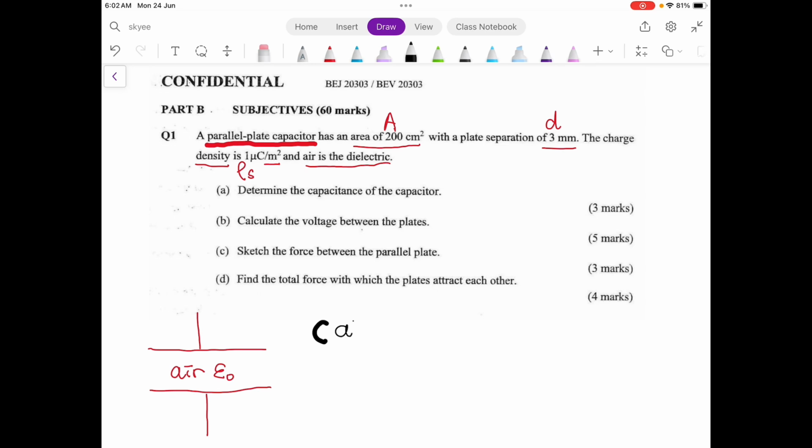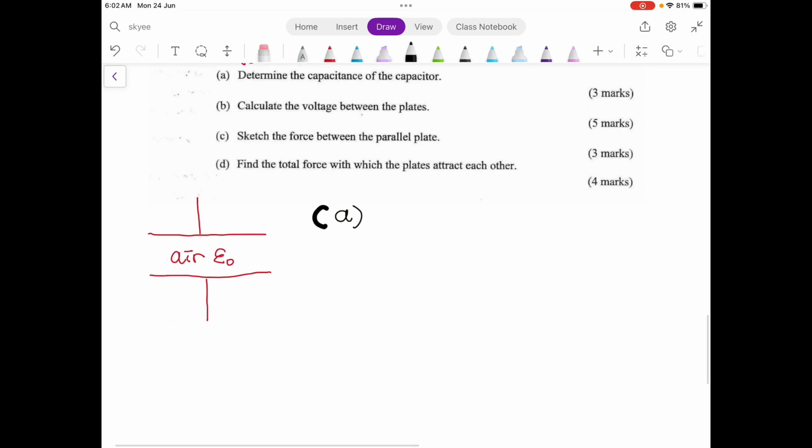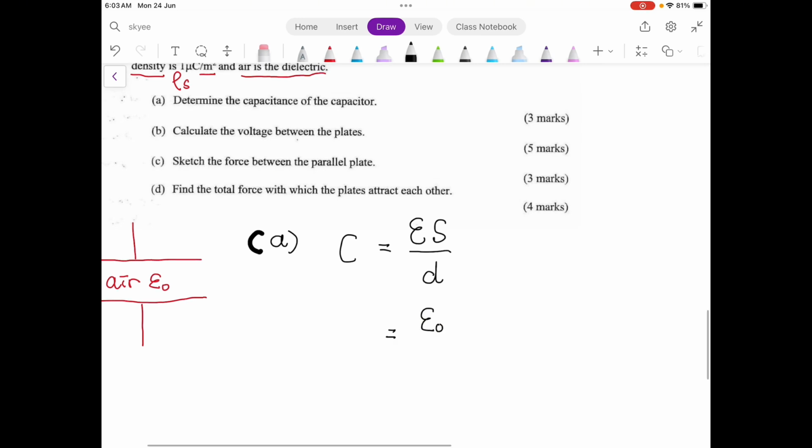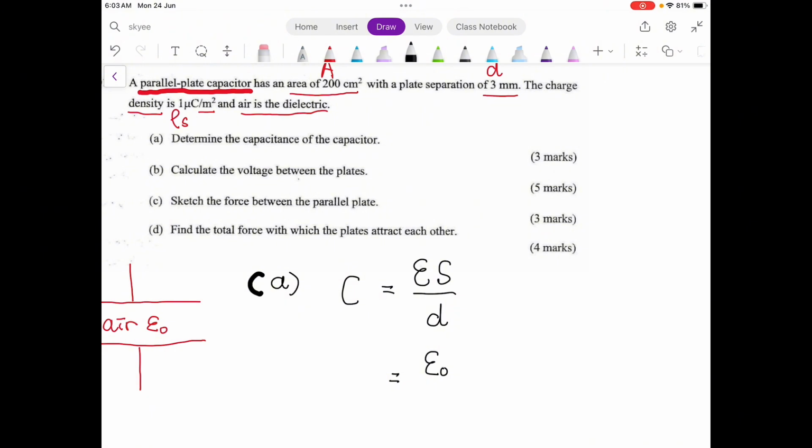The capacitance is defined as C equals epsilon times the surface area divided by the plate separation. Here we have a parallel plate with A as dielectric, so this is going to be epsilon naught, and the surface area is given as 200 centimeter square. You have to take note of the centimeter and the millimeter here and convert them to meter.